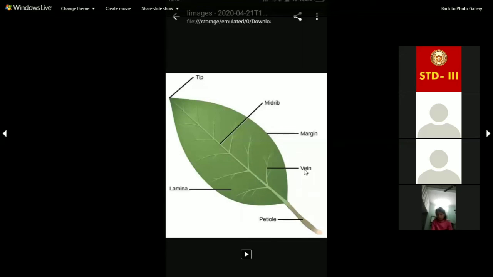These are called the veins, and these veins and midrib together make the network of veins. The sideline of the leaf is called the margin. The flat, broad, green portion of a leaf is called the lamina, and the part of a leaf which attaches the leaf with the stem is called the petiole.